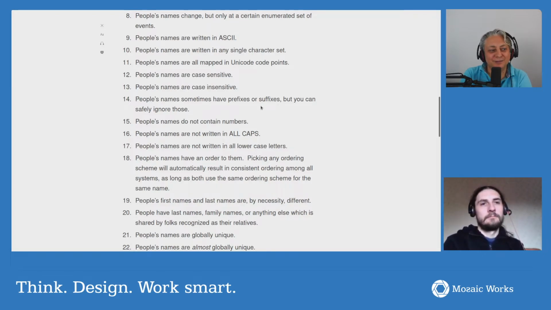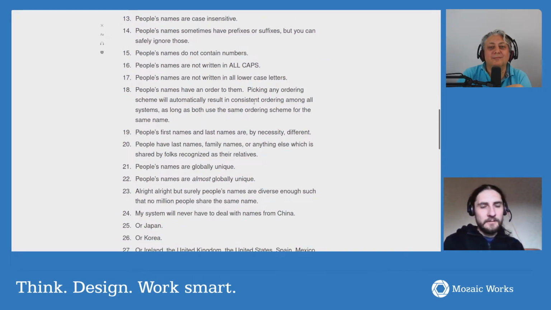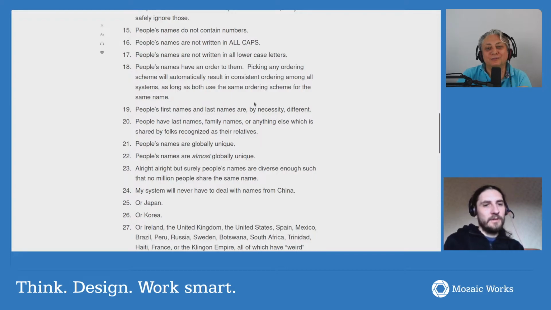You have names like von Neumann that start with a particle, or in France, I don't know, Le Petit, which again starts with a particle.